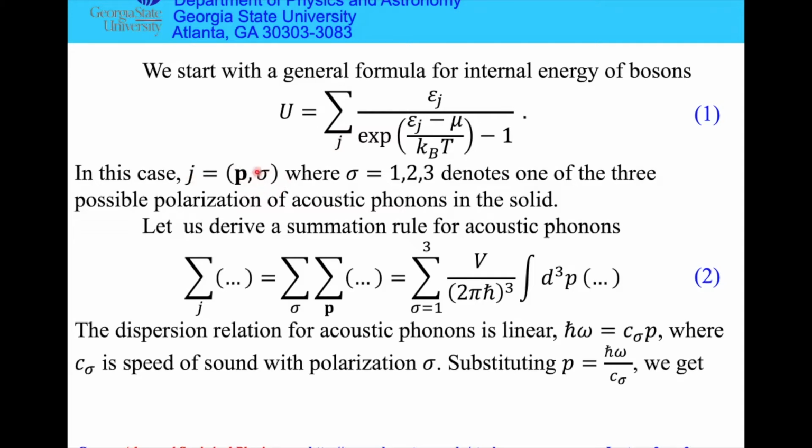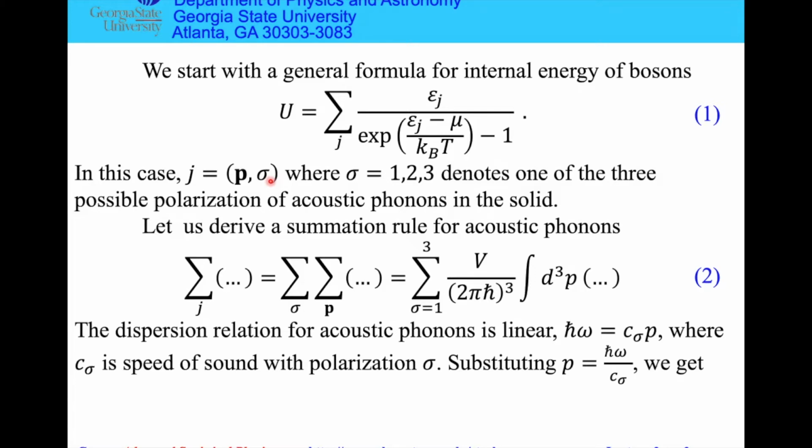And sigma denotes the polarization of a phonon. So what kind of polarization can we expect of a phonon? A phonon is created by displacement of atoms. And the wave of this displacement consists of displacement periodically repeating in space and changing harmonically in time.